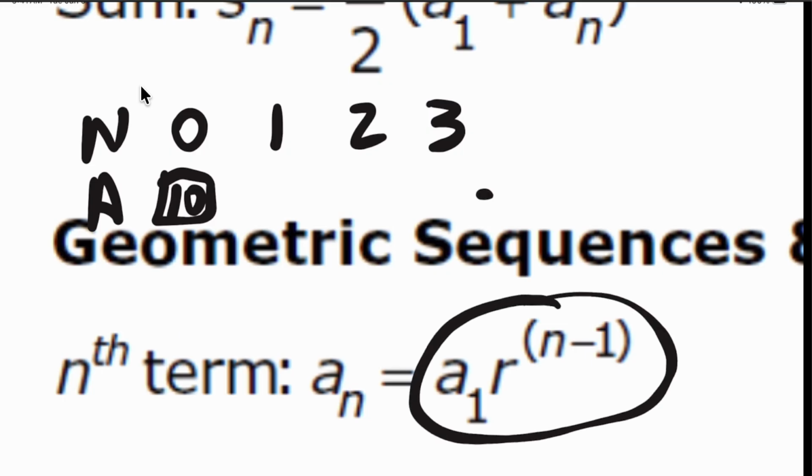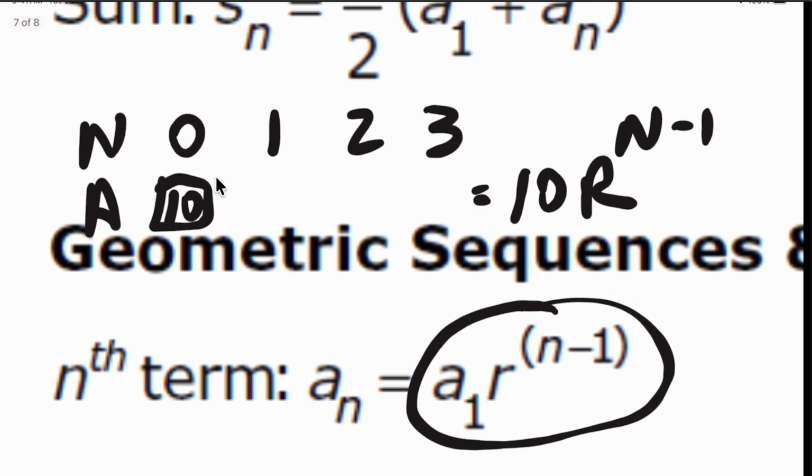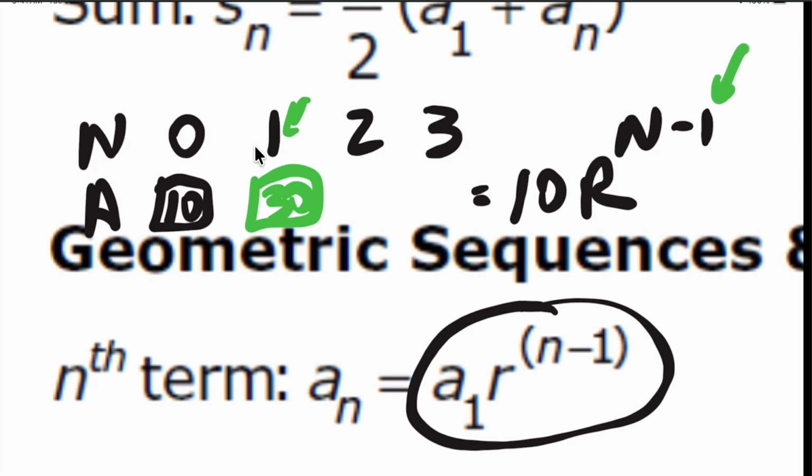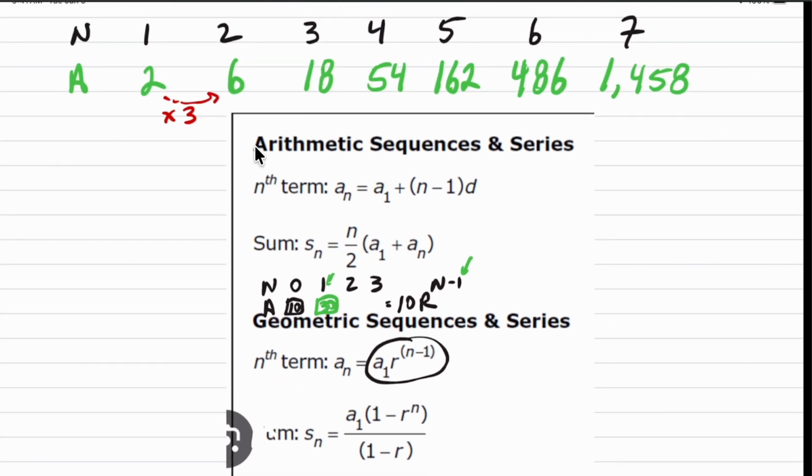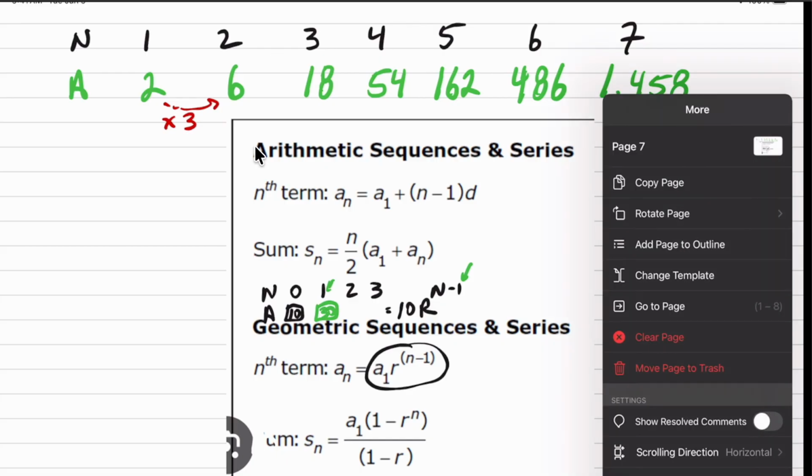You can't have 10 times r to the n minus 1, because look, that is the amount in position 0, not position 1. You have to make sure that you have this amount in position 1 if you're subtracting the 1 in the exponent. And we're going to see that in detail in a moment.